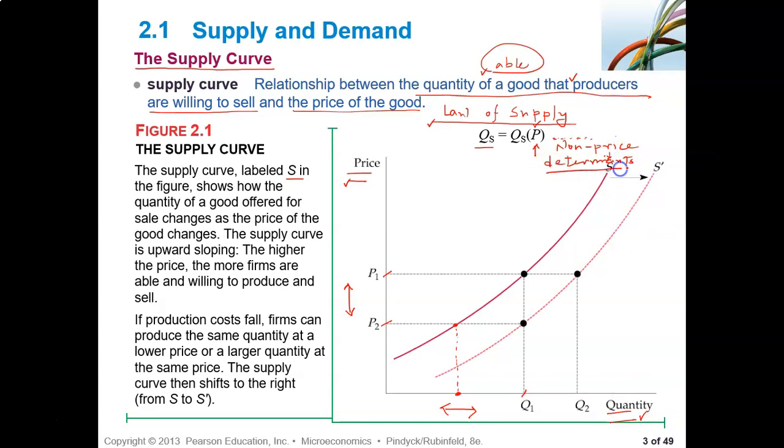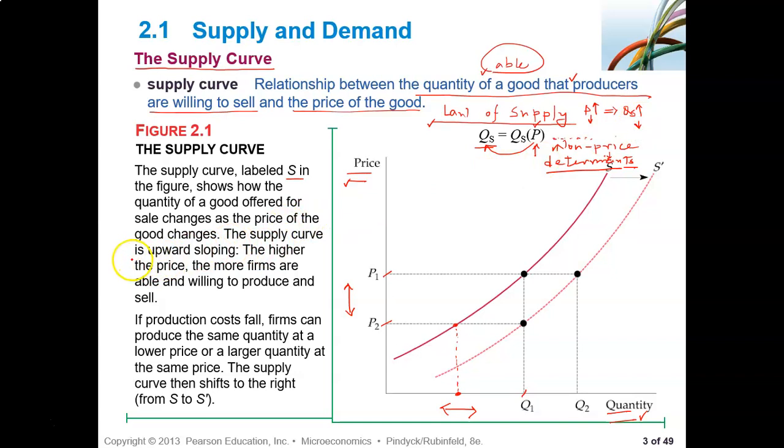We keep all of them fixed as we study the relationship between price and quantity supplied. When price increases, profit increases, and producers want to supply more. And if price decreases, producers will supply less. That is the law of supply.